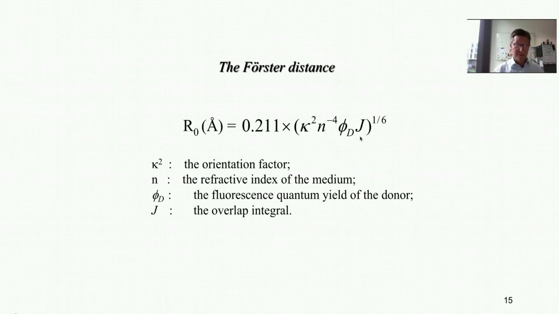This overlap integral is something that is very determinant. But from these data, you can calculate this R0, this Förster distance, and so you don't even need to do the experiment for that.